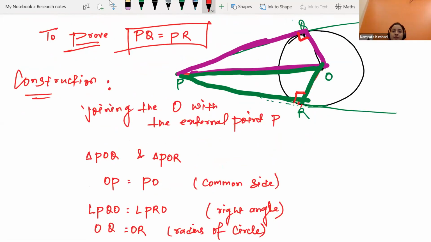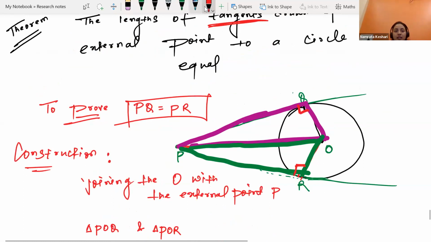Let's mark it. You can take any one of the triangles, either the purple one or the green one. Suppose I am taking the purple one. We have used this angle, this side, and this side also.